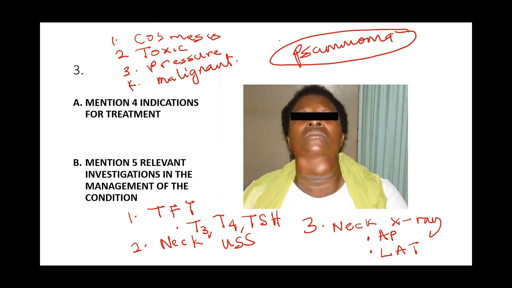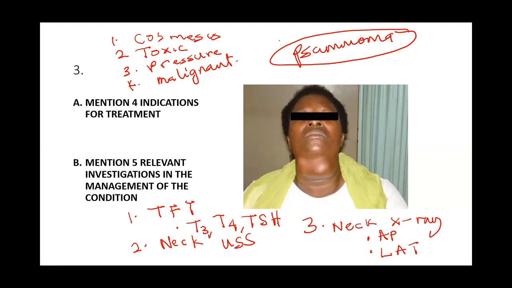That is one. Two, you want to check for the cervical vertebra, whether there is cervical spondylosis, because the anesthetists are very keen. Because if you are intubating a patient for thyroidectomy, you have to do what?